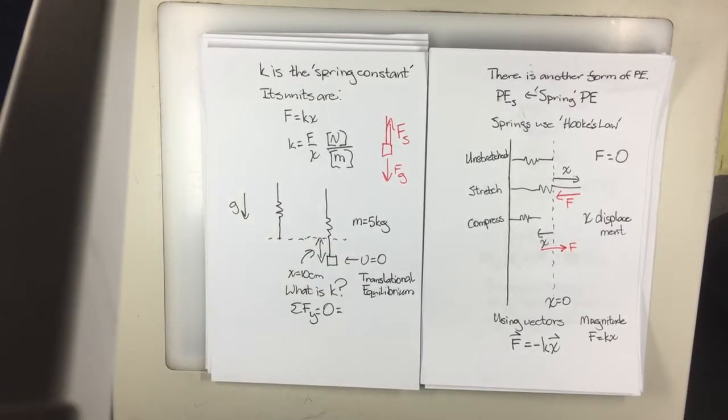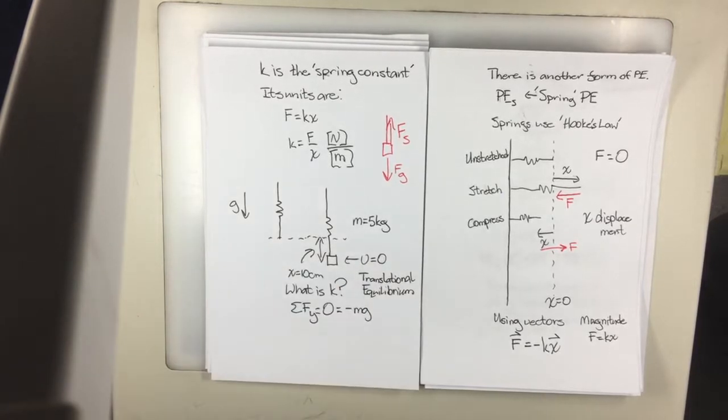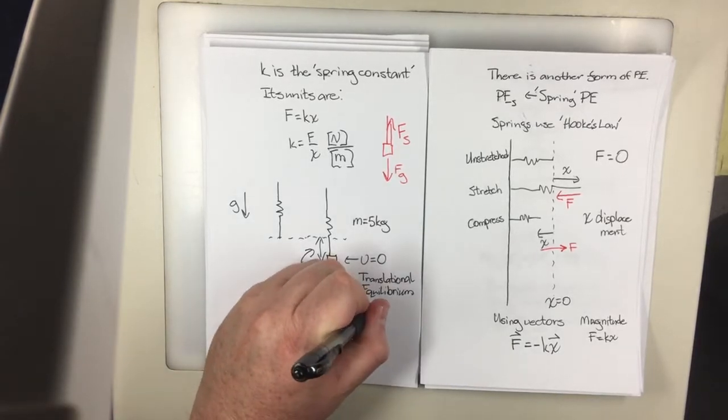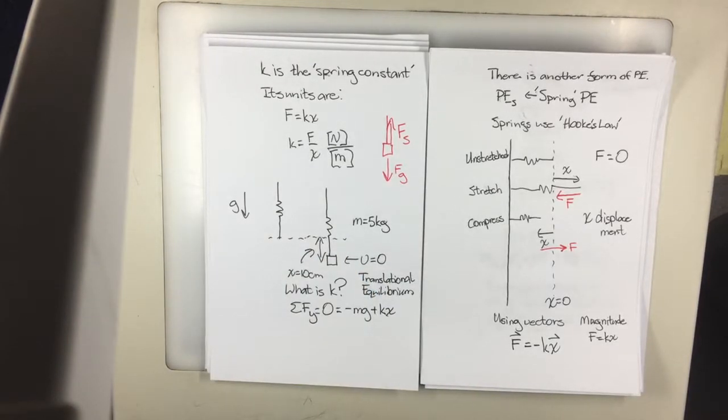In this particular case, this is one of the reasons why I just use the magnitude. If this object is hanging down, I know that gravity is pulling this mass down, so I just go minus mg. But I also know for a fact that this spring is pulling up. So I just write positive kx. Now Hooke's law says negative, but I don't want to deal with all that negative of a negative where the displacement is negative.